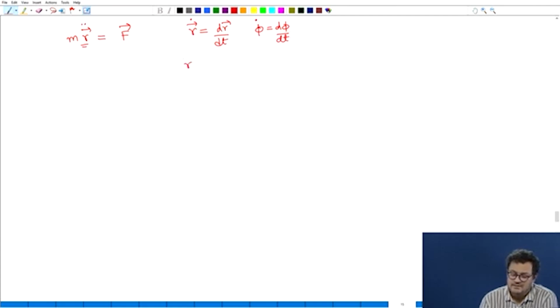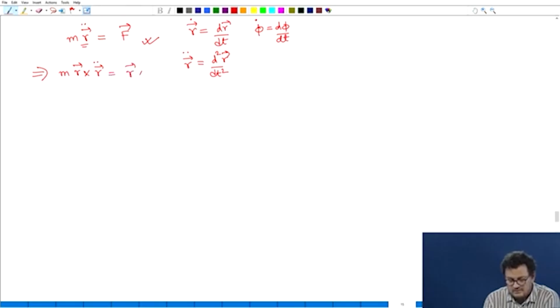If I say r double dot, then it simply says d²r/dt². So here I can easily write like this. If on both sides you do m r cross r double dot, then here it will be r cross f.